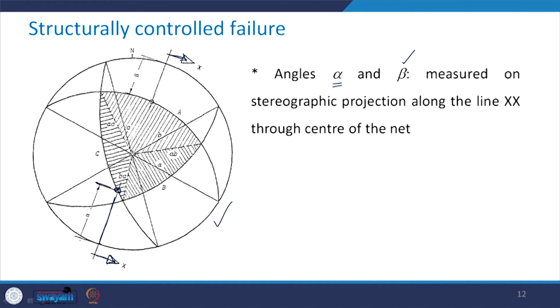So, this is how this angle alpha can be measured, and this is how the angle beta is measured from the stereographic projection along the line XX through the center of the net. So, you see this is how this XX line is passing through the center of the net.